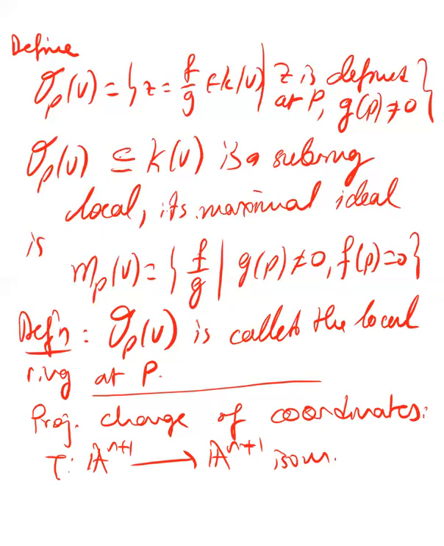In this case, we don't have translations. This is a linear isomorphism. This induces, if you have a one-dimensional subspace of A^(n+1), then it maps to a one-dimensional subspace of A^(n+1), so that one-dimensional subspace is a point in P^n. Namely, if you take a point in P^n, it maps to a point in P^n, so that you have a well-defined map like that.